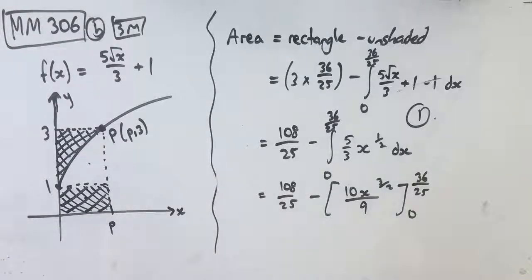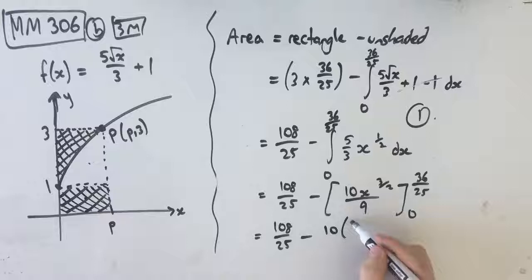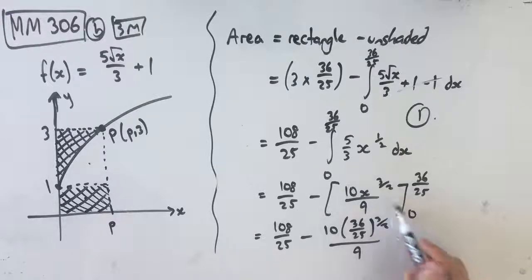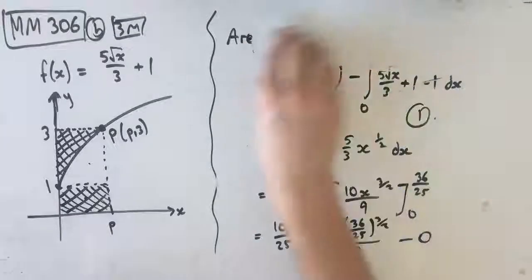Sweet. So from here we can say that 108 on 25 minus 10 times, now we're subbing in these x values, so we get 36 on 25 to the power of 3 on 2 over 9. And then we would minus this with 0 in it, but because this x is affecting everything, that's just going to be equal to 0. So you can just say take away 0. So we do have our CAS in this question, so I would advise using that.